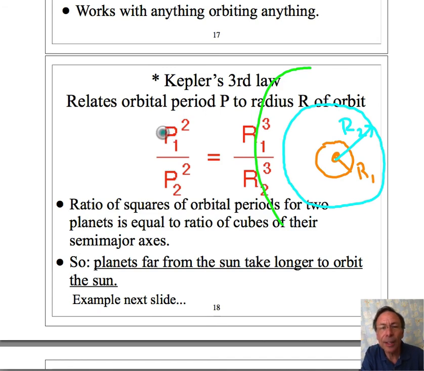Period small means it's going more quickly around the sun. So bottom line, planets that are near the sun are orbiting much more quickly than planets that are far away from the sun. And that is Kepler's third law.